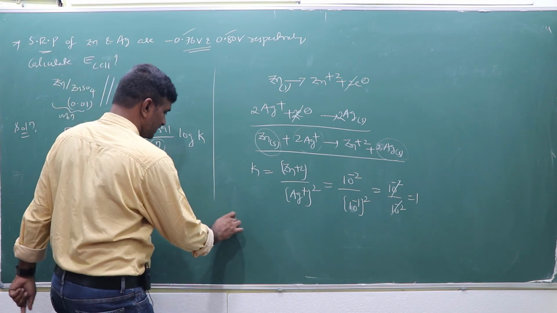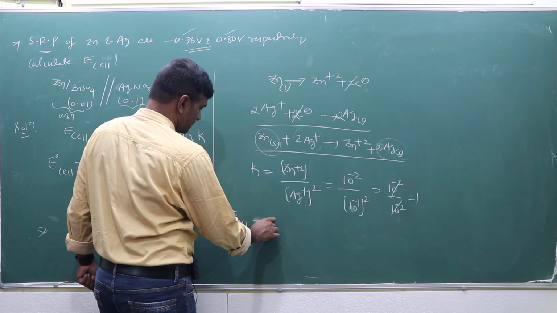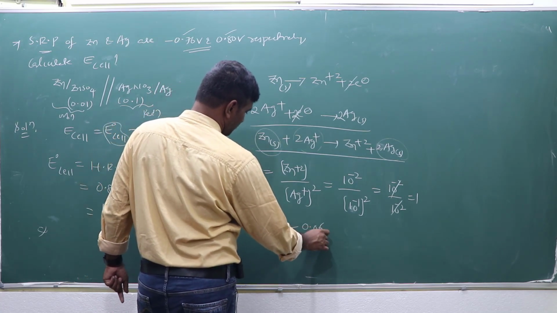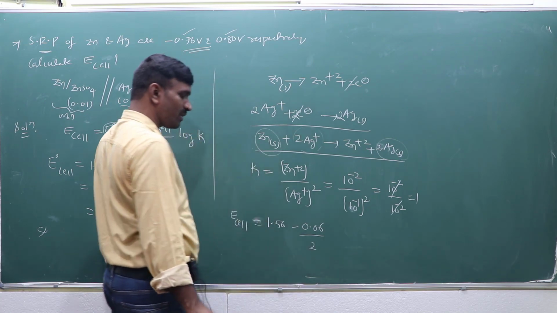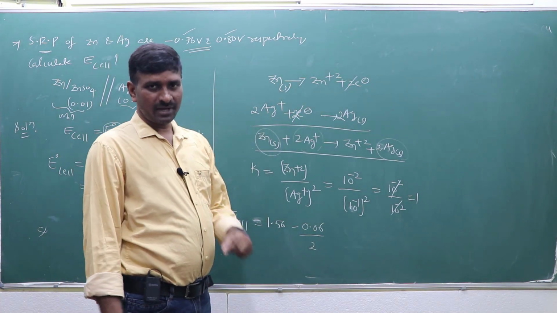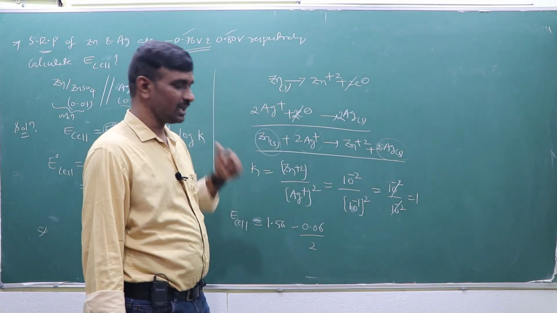Or you can write that E cell is equal to E0 cell, which is how much? 1.56 minus 0.06 by n. What n value can we take? 2, because we are balancing the equation by adding 1 electron, then it is equalization, balancing the equation, so it is 2 electrons.